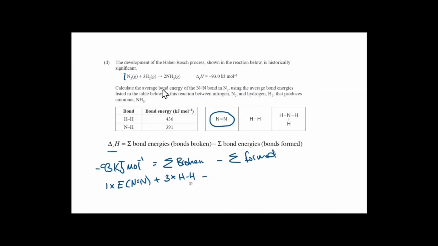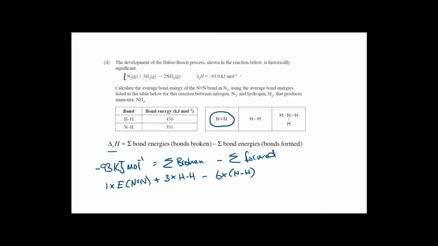Each of them has 3, so it's NH3, but then there's 2 of those, so there's going to be 6 times the NH bond formed.